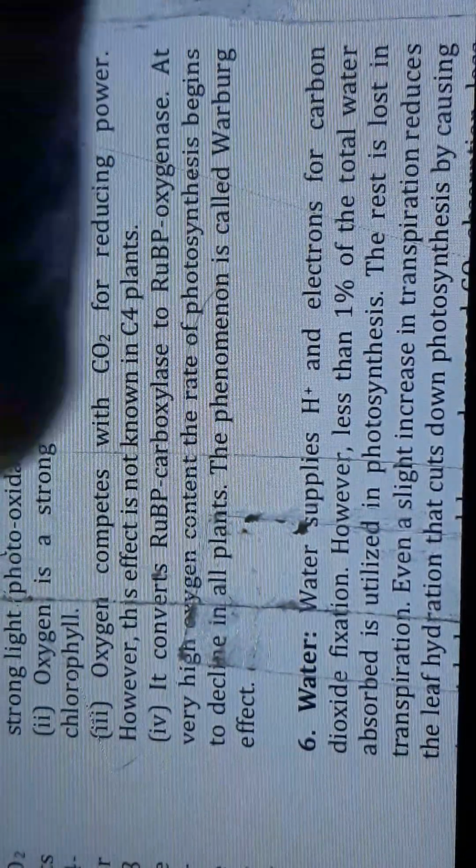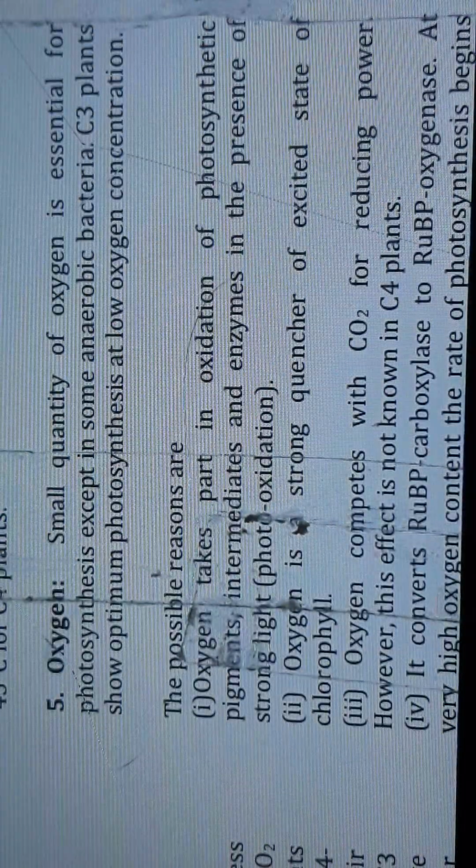And next will be oxygen. A small quantity of oxygen is essential for photosynthesis, except in some anaerobic bacteria. C3 plants show optimum photosynthesis at low concentration. The possible reasons are: 1.